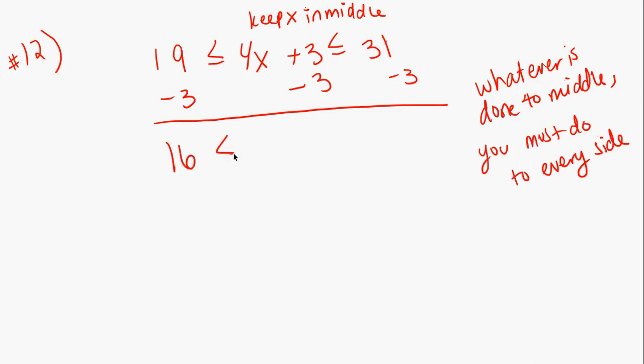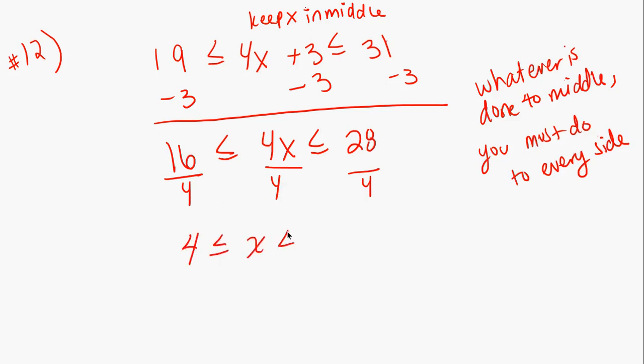So we've got 16 less than or equal to 4x less than or equal to 28. Now to get x alone, we divide by 4, all 3 sides. So 4 is less than or equal to x, which is less than or equal to 7.